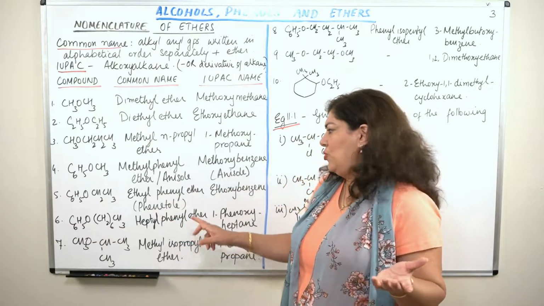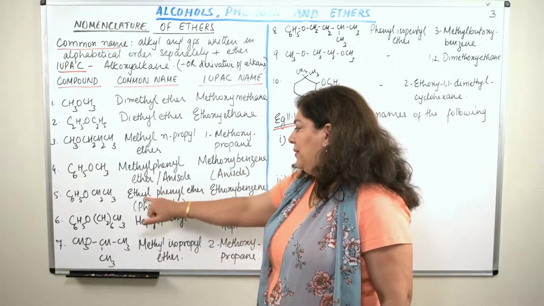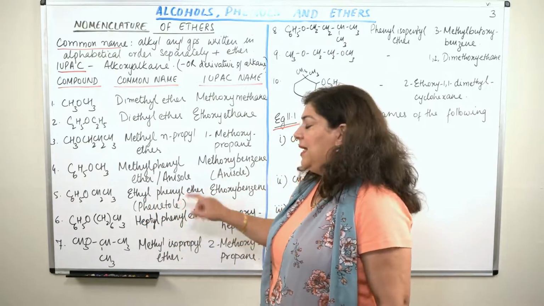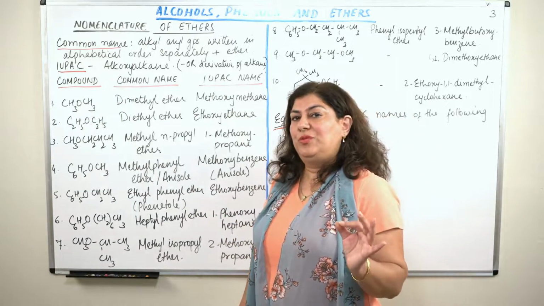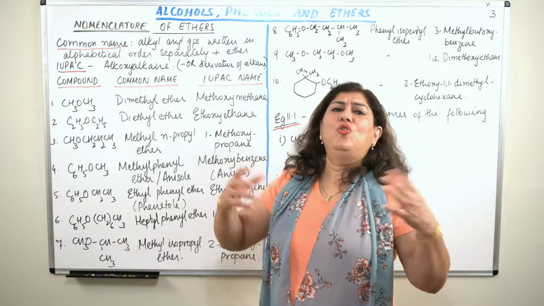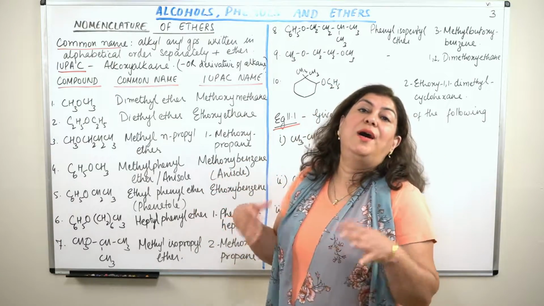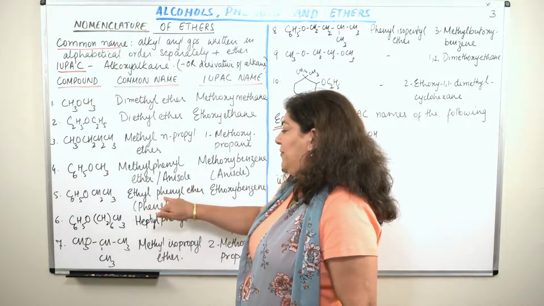Not commonly used, honestly. And this name has not been adopted by IUPAC. IUPAC is a little stingy with what it adopts. It only adopts certain names which are so common that it would not harm to use them. So this is phenitol, ethyl phenyl ether.